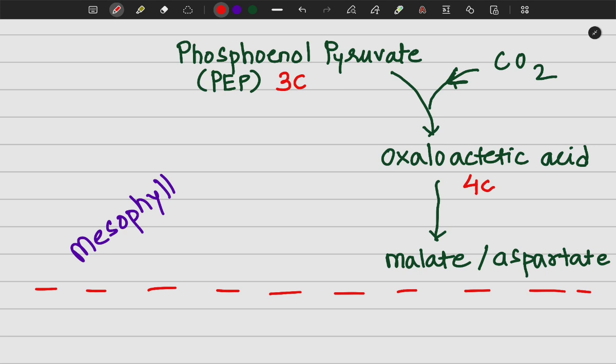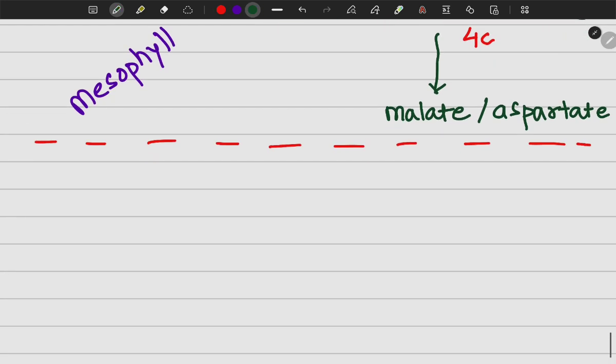Now once the malate or aspartate is formed, they are transported to the bundle sheath, and here they will lose carbon dioxide by a process of decarboxylation.